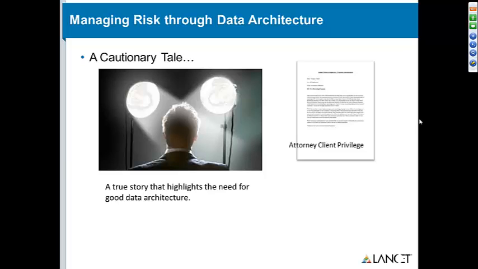And all of this can be directly attributed to our inability to stop long enough to appropriately architect data to ensure that we controlled the risk that we were at for reporting the thing that we were responsible for.